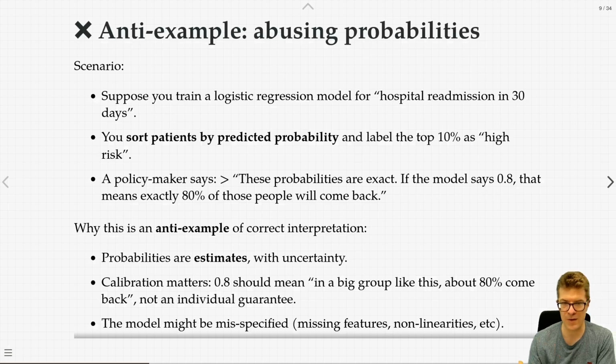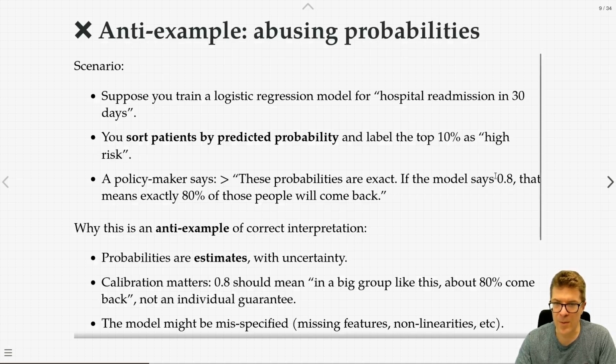They're never perfect, and it's not a guarantee that exactly 0.8 times the number of patients will come back.